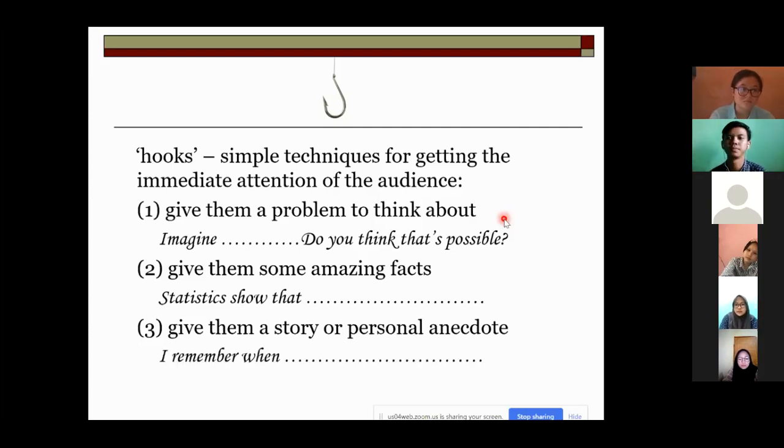You may say, ladies and gentlemen, I remember when I was young, when I was a little girl, I blah, blah, blah. Then you try to connect your personal story to your topic. Do you understand? So you may use these three ways: give your audience a problem to think about, amazing facts, or a personal anecdote or story.